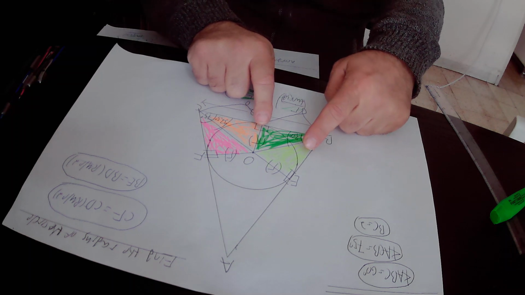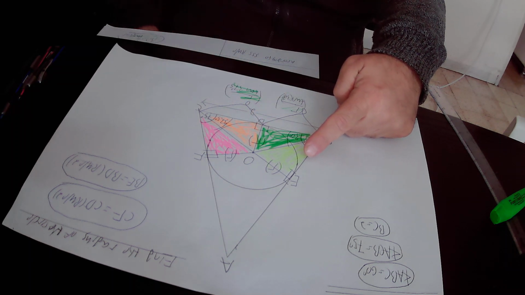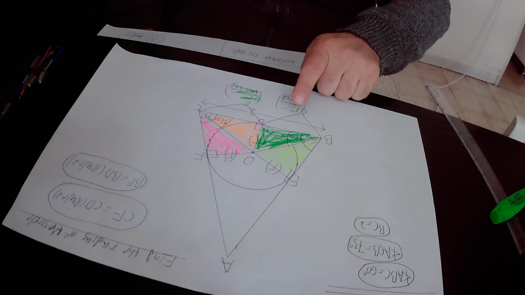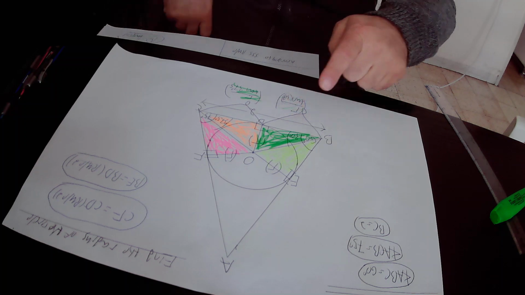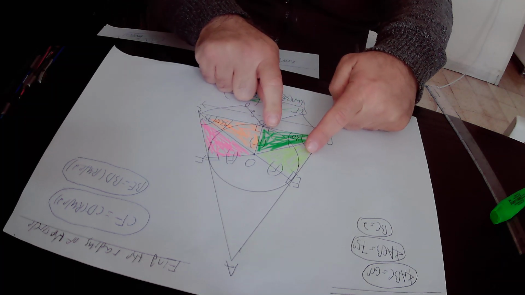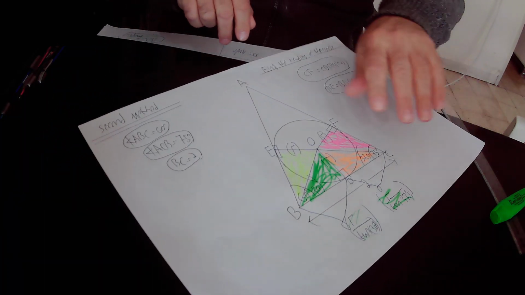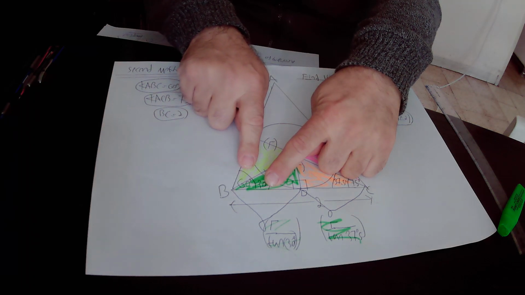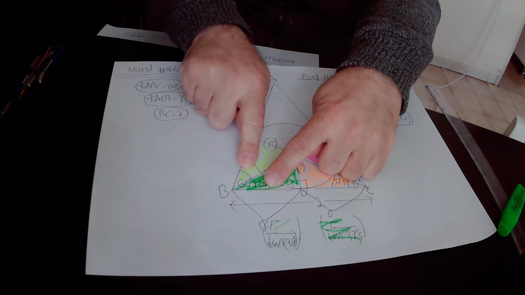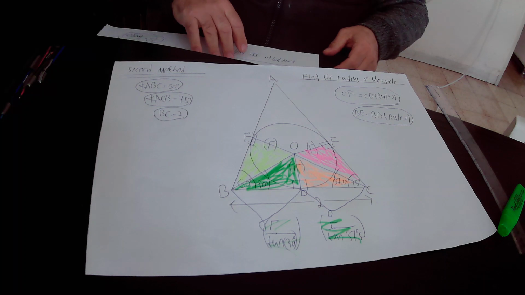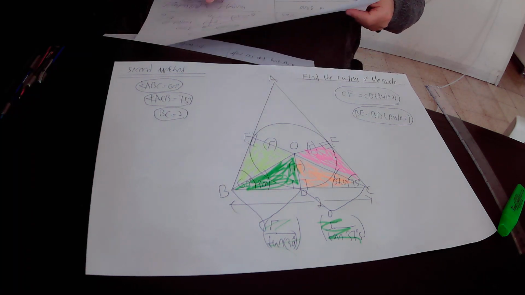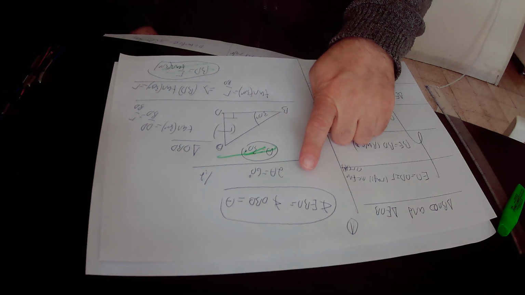So we actually proved that all three sides of the yellow triangle EBO are correspondingly equal to all three sides of the green triangle OBD. Therefore, those two right triangles are congruent to each other according to the side rule. And from the fact that those two right triangles are congruent, we derive that those two angles must also be equal to each other. That is to say, angle EBO equals angle OBD.